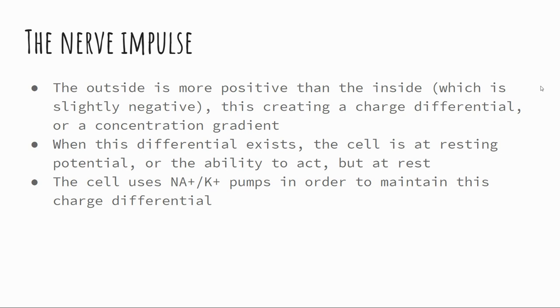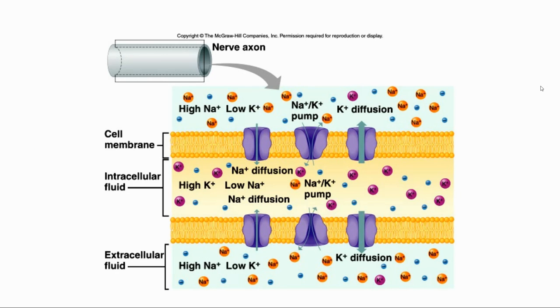Big thing to remember here: when the charge differential or the concentration gradient exists, that means the cell's at rest. It has a potential to do work, but it's not working at that point. So here we see positive and negative charges based off sodium and potassium concentration gradients.